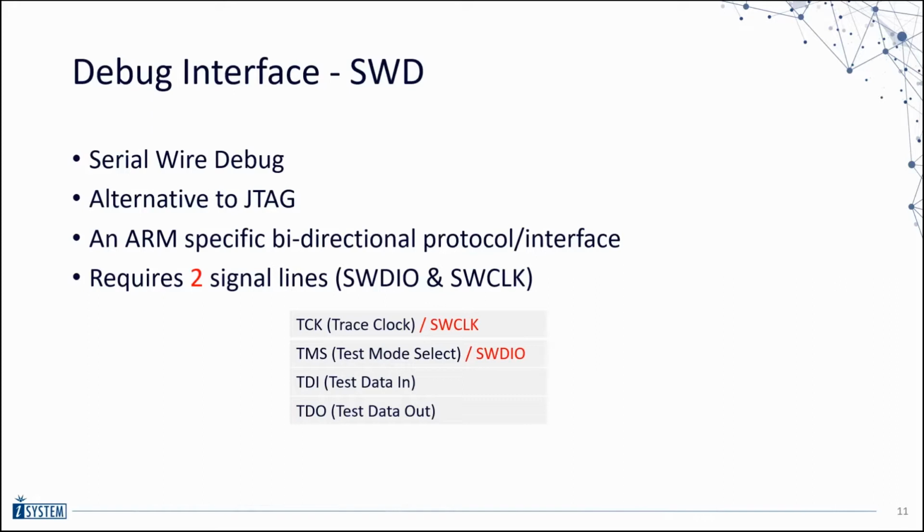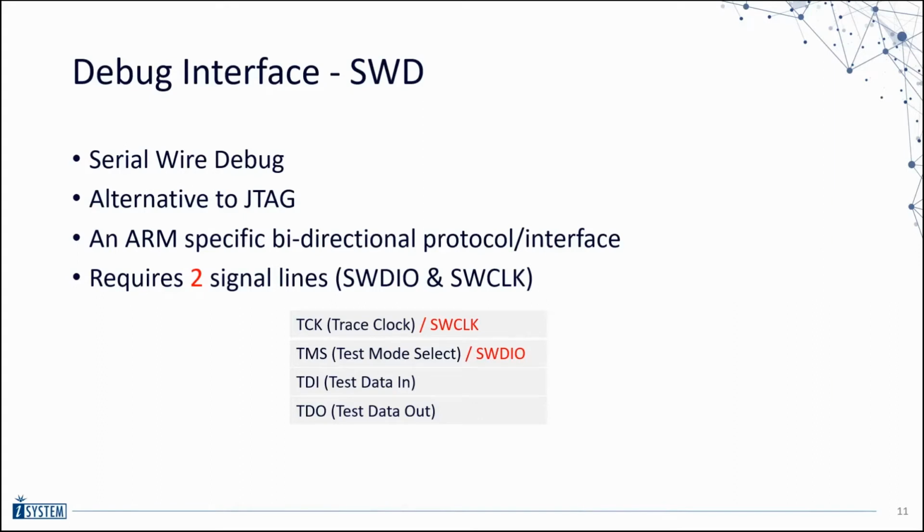The important thing is it uses only two signal lines, SWCLK and SWDIO. So a clear advantage of SWD over JTAG is that it requires only two lines instead of the 4 that we saw on JTAG, and this makes the hardware design and dimension much easier.